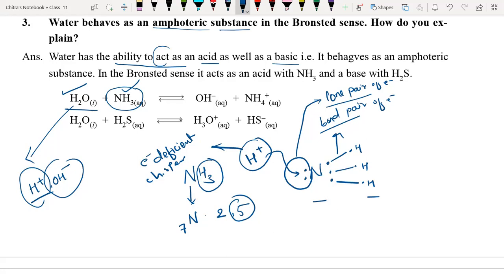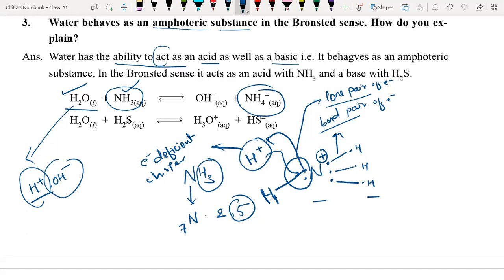Nitrogen will donate its electron pair to the hydrogen, and the H positive ion accepts it. Now hydrogen forms a bond over here. In that case, nitrogen acquires a positive charge. Understood?